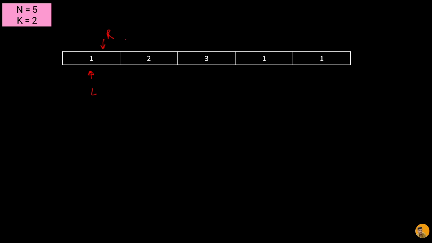So for instance, let's take the scenario in which the right pointer is pointing over here. We can see the window size is 2, and the window contents are unique, right? So that means in this window our answer would be right minus left plus 1.